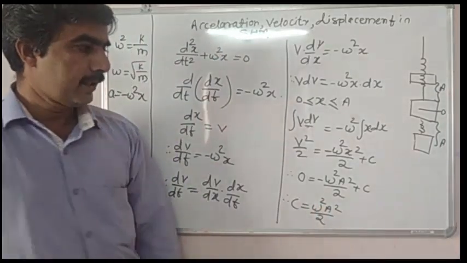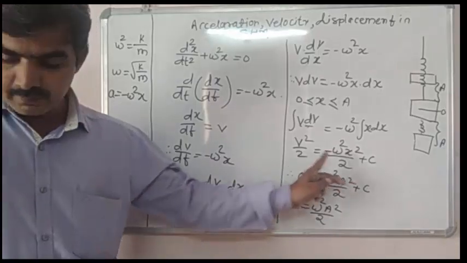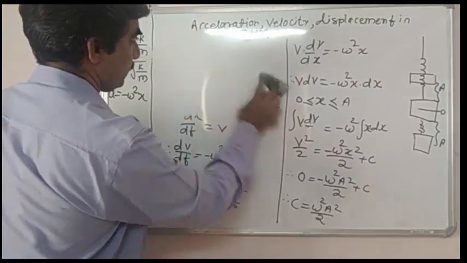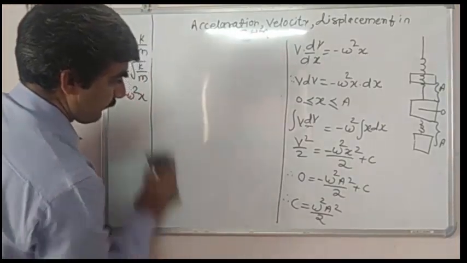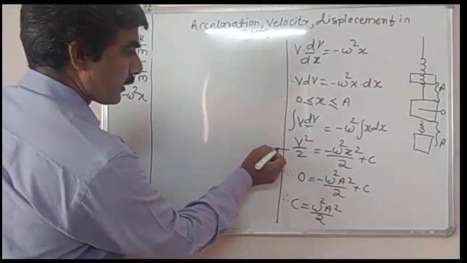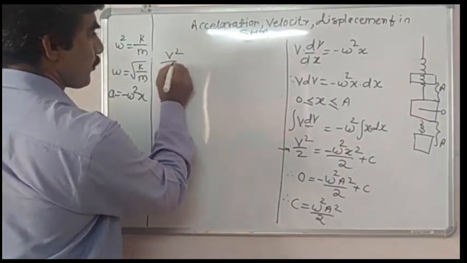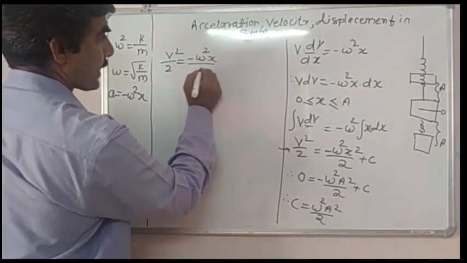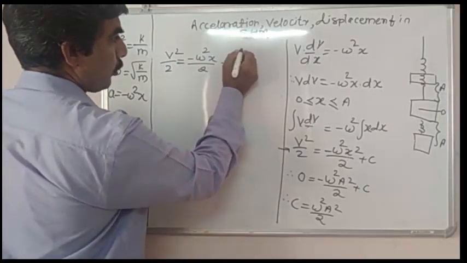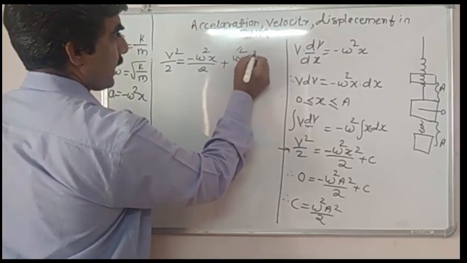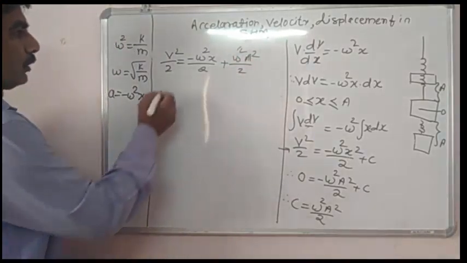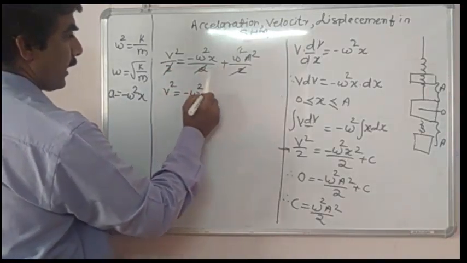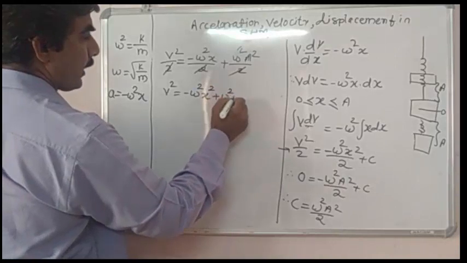Now substitute this value in this equation. The equation becomes v square divided by 2 equal to minus omega square x square by 2 plus omega square A square divided by 2. Now these 2 get cancelled, we get v square equal to minus omega square x square plus omega square A square.